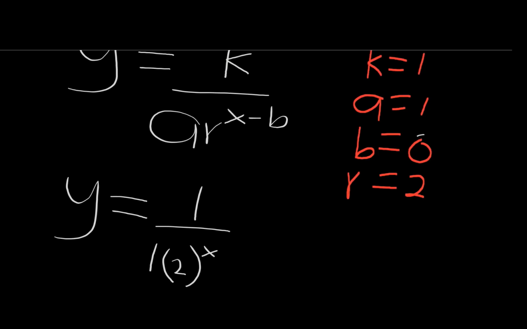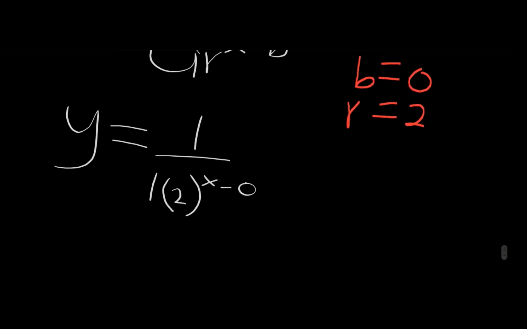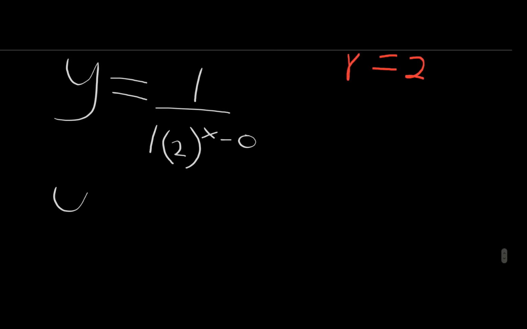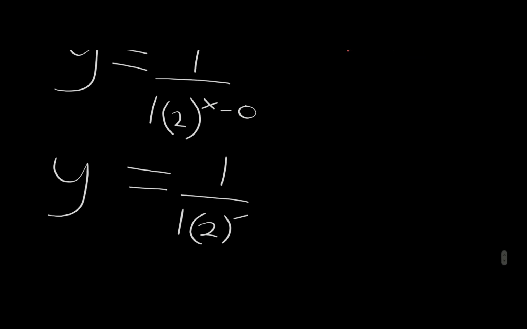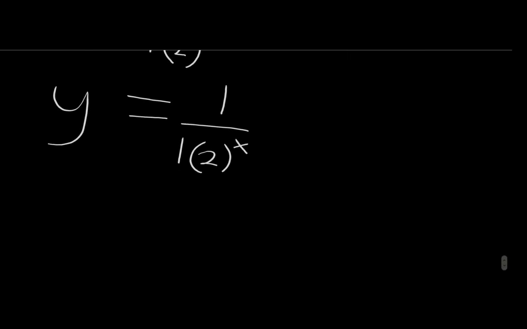And what is my b? My b is 0, as you can see. So minus 0. So y will now be equal to 1 divided by 1 multiply 2, exponent x minus 0, I will surely get x.